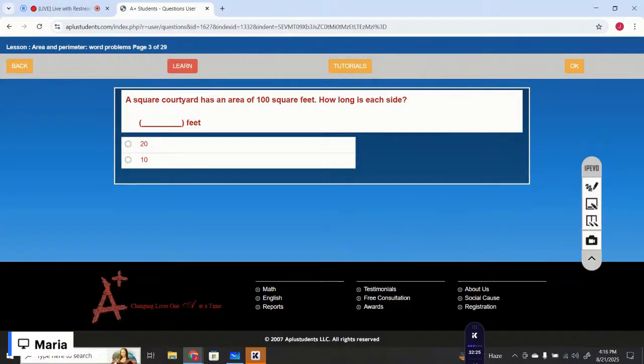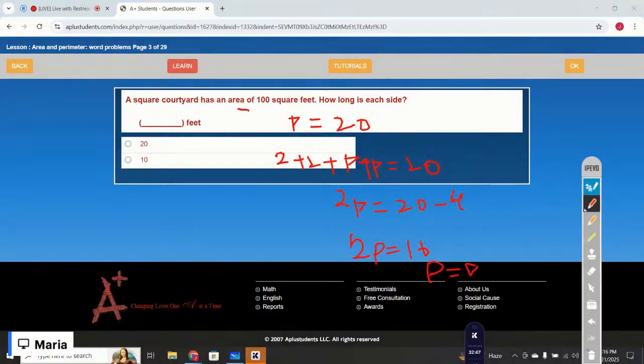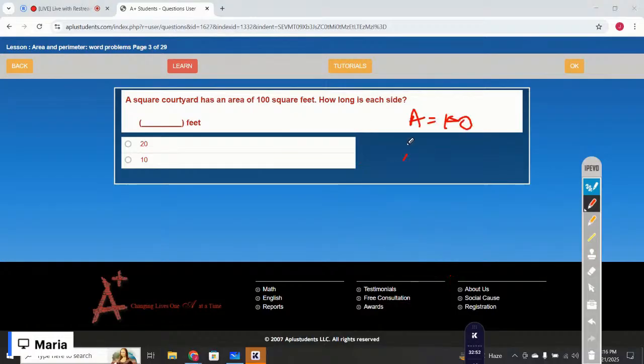A square courtyard has an area of 100 square feet. How long is each side? We are given the area. We need to find a side length. Area equals 100. The area is length times length equals 100, right? So L equals 10.